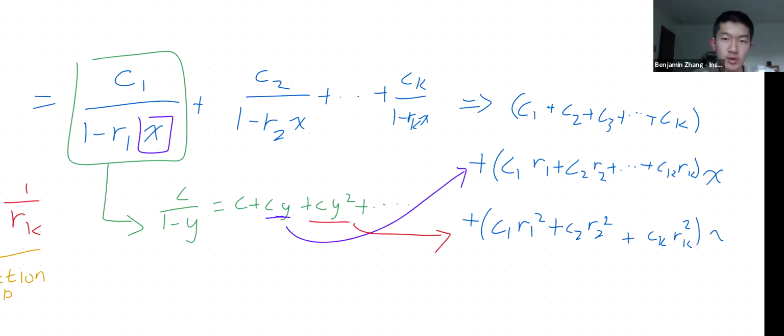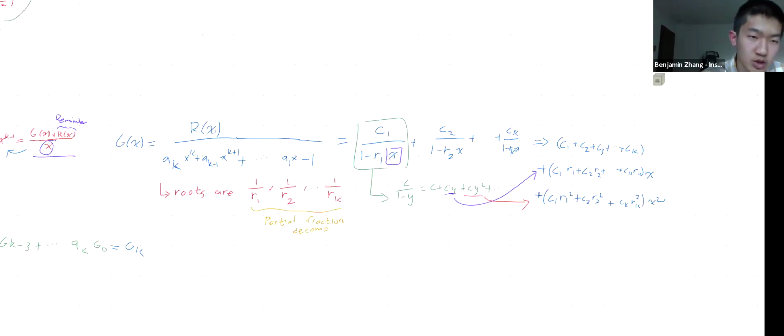So now, remember, this is equal to g of x. This is one way to express g of x. But we also have the infinitely long polynomial way, which was over here.